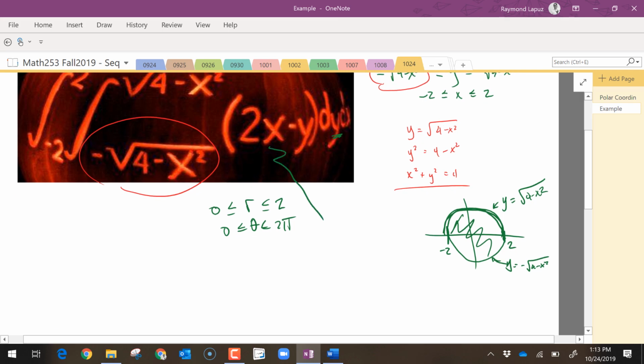Remember that x is r cosine theta and y is r sine theta. Yeah, it looks like your theta, if it's a full circle, is going to go from 0 to 2 pi.